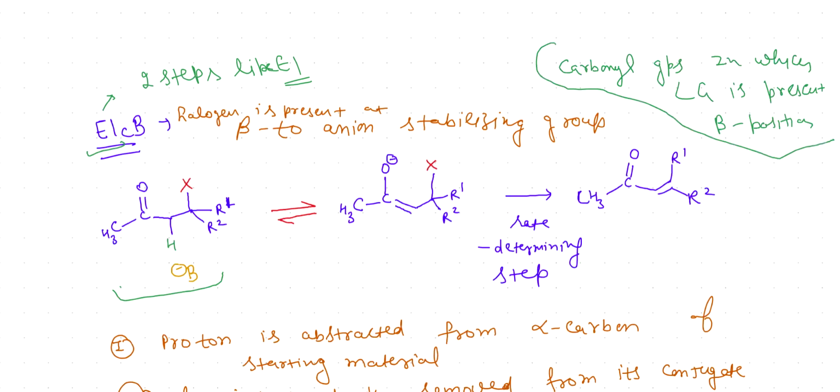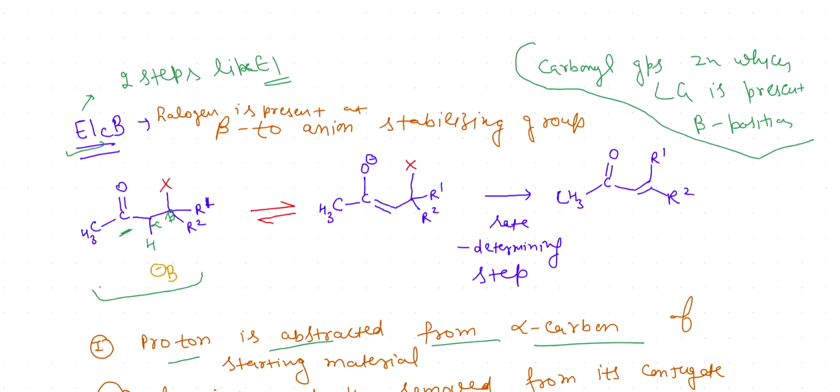See, this is the carbonyl group over here, and this is the alpha carbon, and the carbon next to the alpha carbon is known as the beta carbon. So the halogen is present at this beta carbon. In this mechanism, the first step is that a proton is abstracted from the alpha carbon of the starting material.